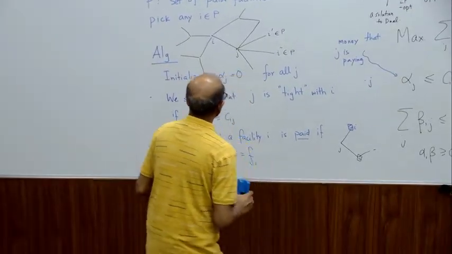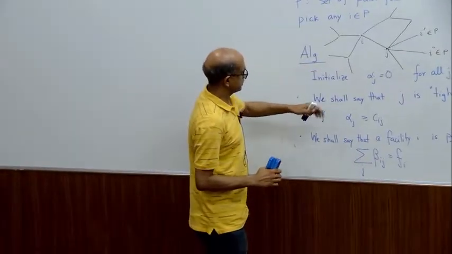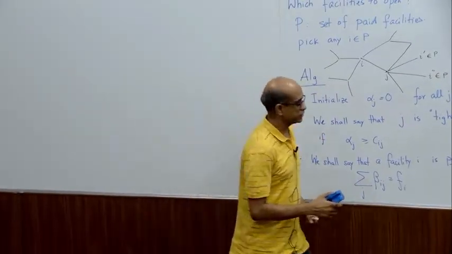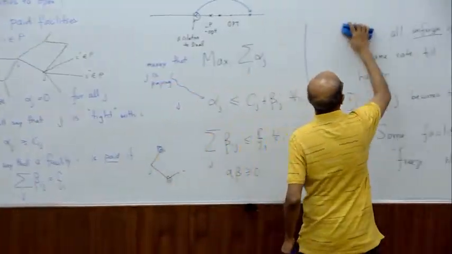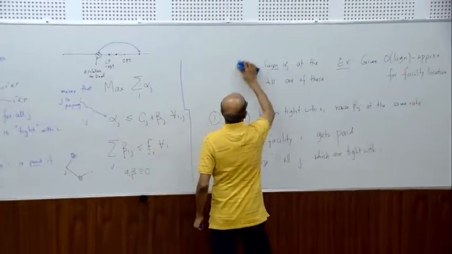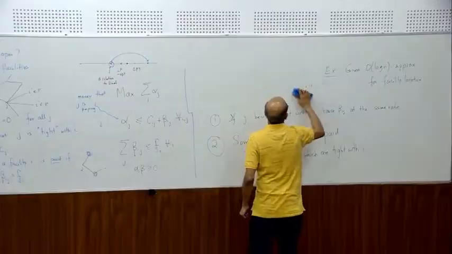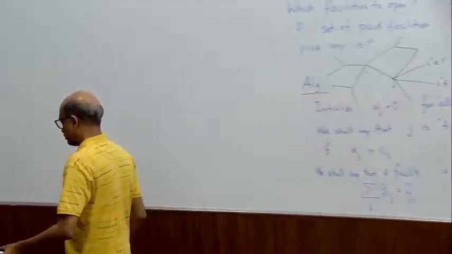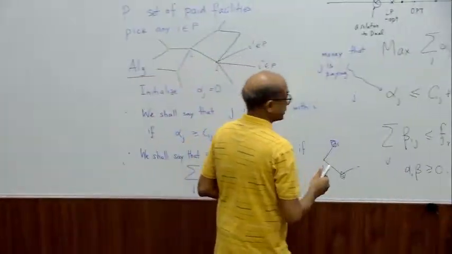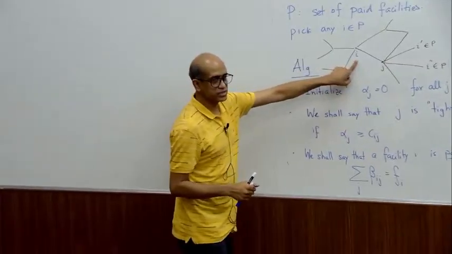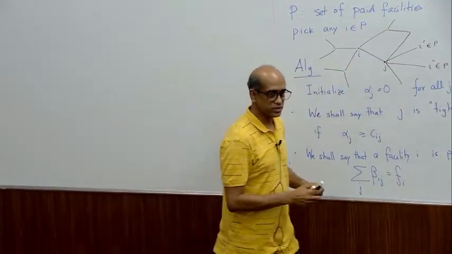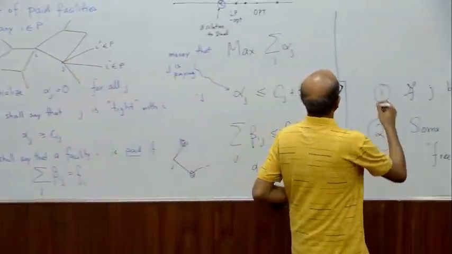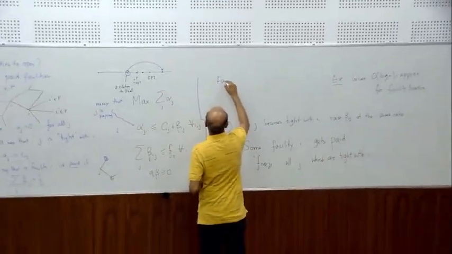So let's analyze this algorithm. There are two kinds of facilities: the center facilities, and the non-center facilities. So what is the facility opening cost?